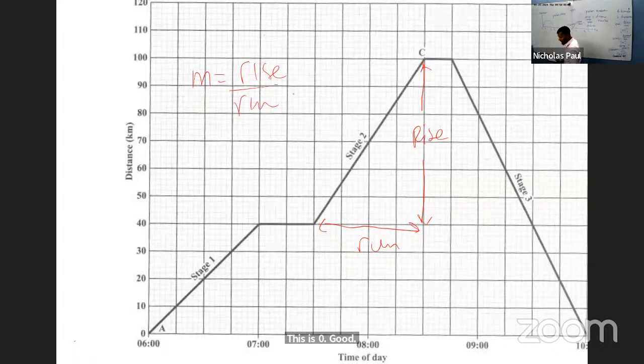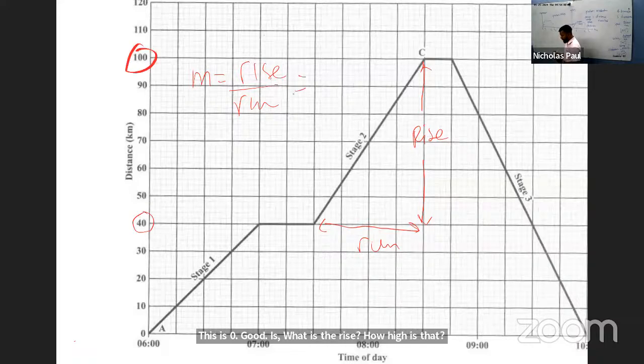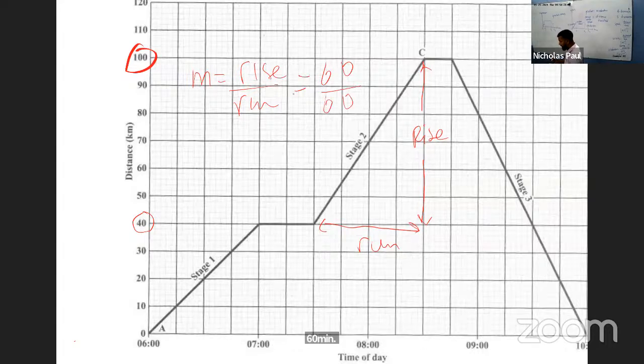It starts at 40 and finishes at 100. 60 kilometers, right? What is the run? How many minutes is that? 60 minutes, or 1 hour. So your answer will be 1 kilometer per minute.